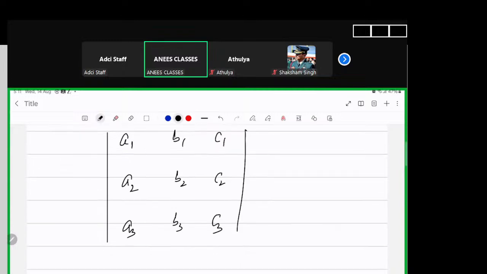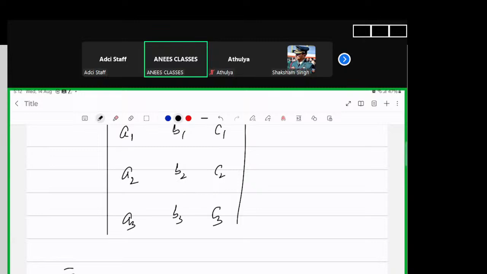I want to expand this. We can expand along any row or any column. So, Saksham, tell me, in which row or column do you want to expand? Second row, second column. No, you have to choose only a column or only a row. Second row, sir. Second row.